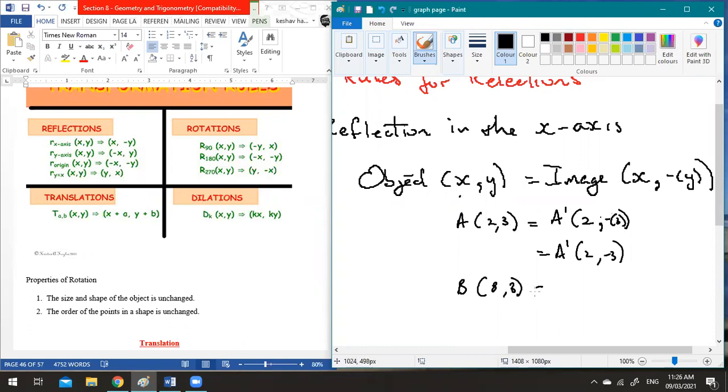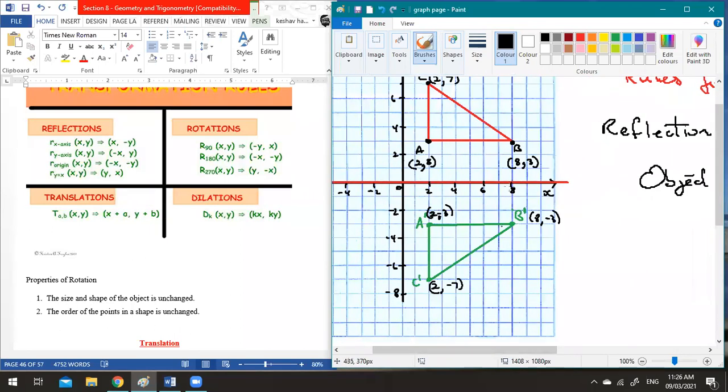8 and 3, the image of B under reflection in the x-axis would be, we just change the negative on the y value. So the image B would be 8 and -3. And that's what we're getting, right?